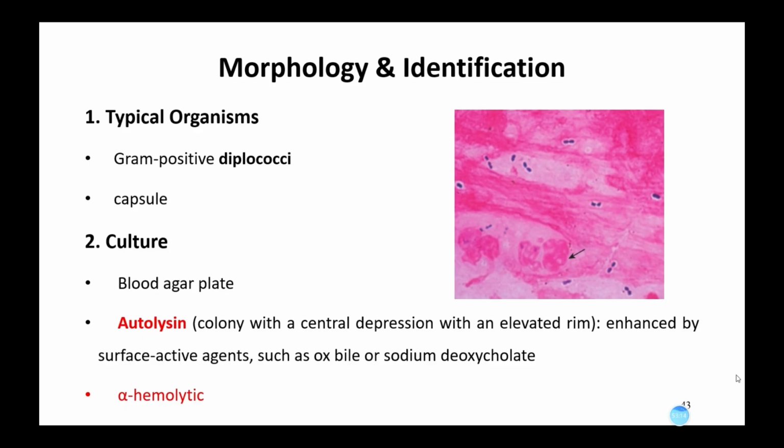So if you check the colony, you will see that in the middle of the colony it's depressed, it's lower, while on the rim of the colony it's elevated. In the middle of the colony, the older cells kill themselves so that the new cells will get more nutrients. So that's due to the autolysis.